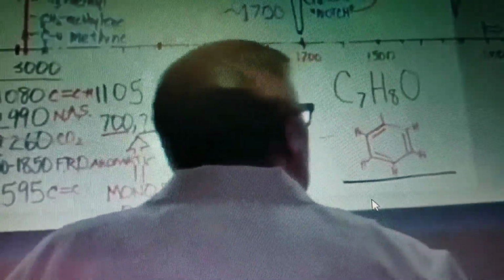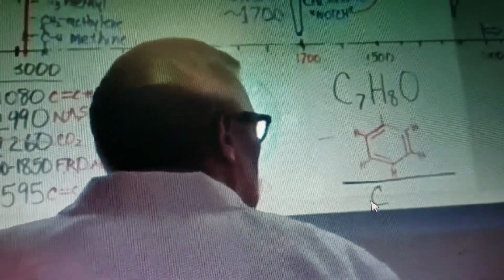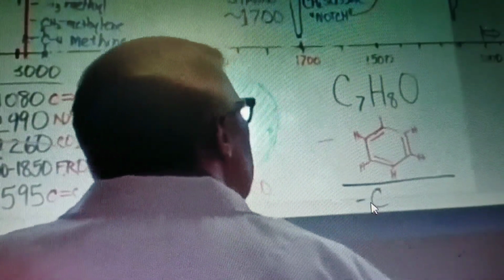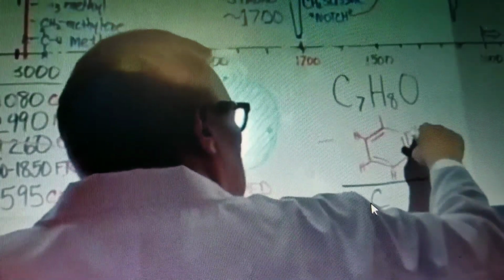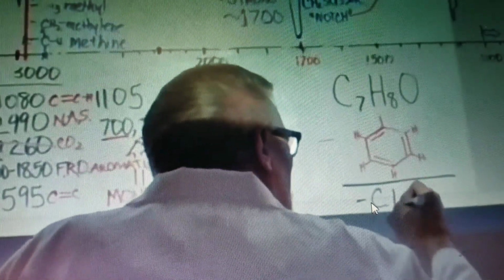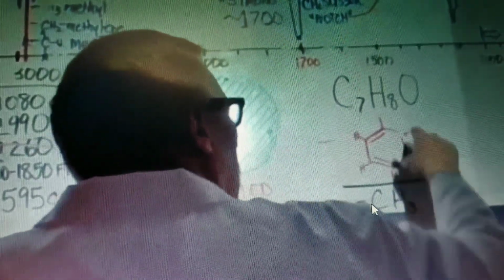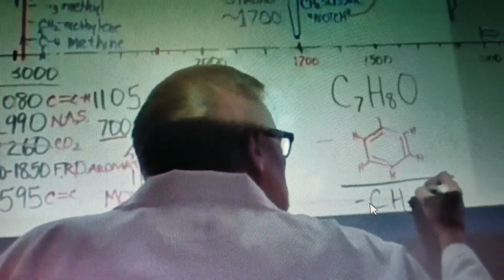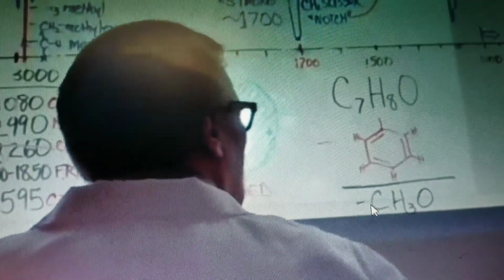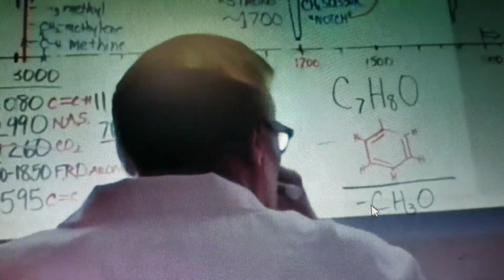What's left? 7 minus 6 is C. 8 minus 1, 2, 3, 4, 5 is H3, and O. CH3O is what's left.